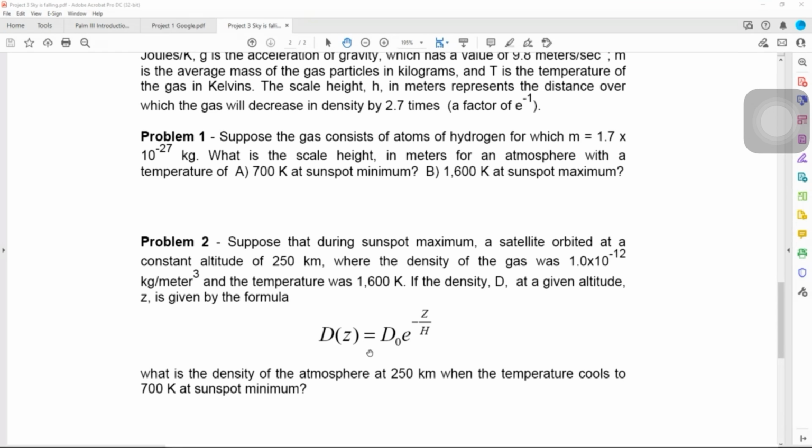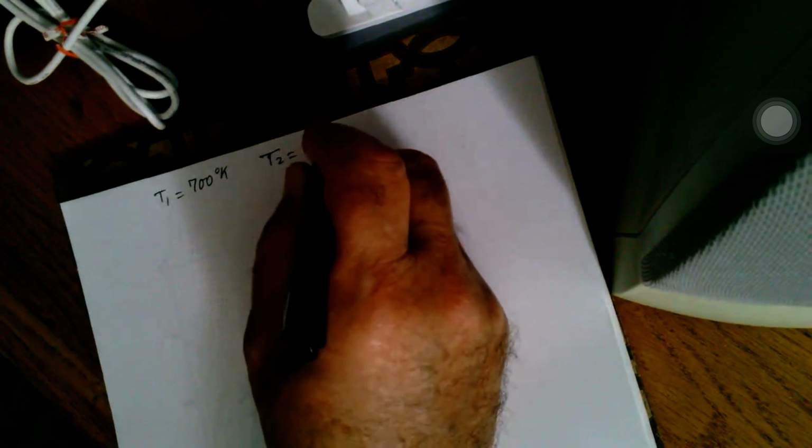So it's the same height. Again, I'm going to start with, let's say that T1 is 700 degrees Kelvin and T2 is 1600 degrees Kelvin.